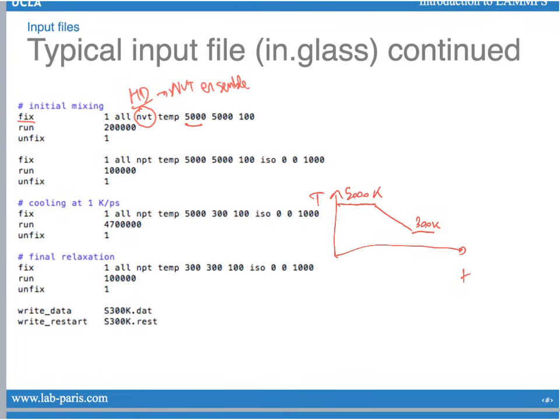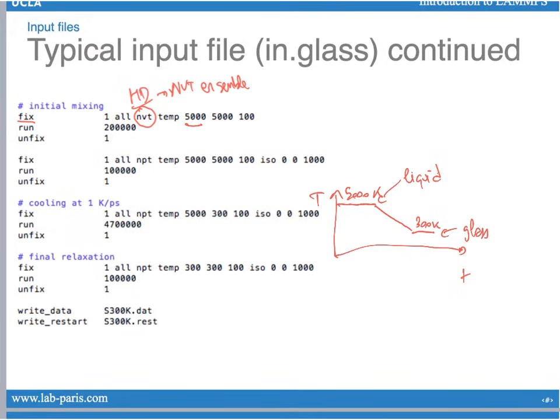So we want to do all those phases iteratively. This is how, at the end, you can form a glass. You start from a liquid that is mixed and melted at very high temperature, and eventually we expect to get a glass as an outcome of this simulation.